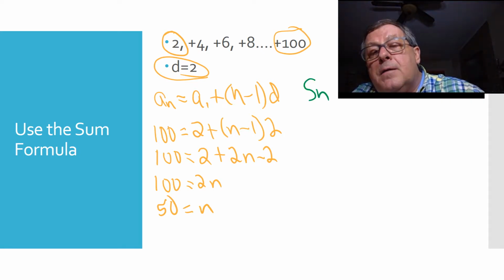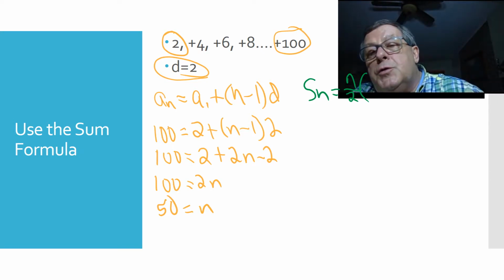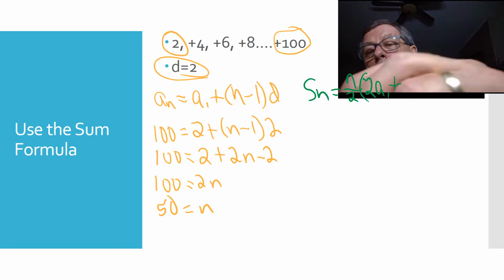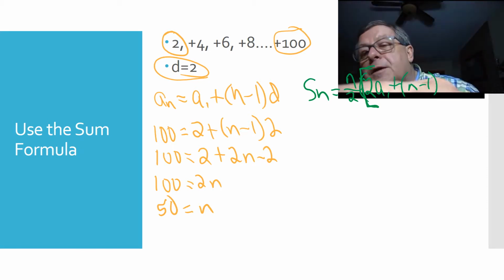I got Sn equals n over 2 times, bracket, 2 times a1 plus n minus 1 times the common difference, close the bracket.